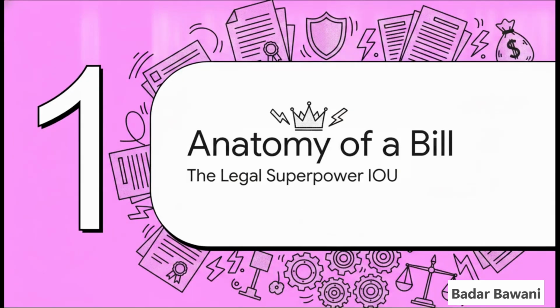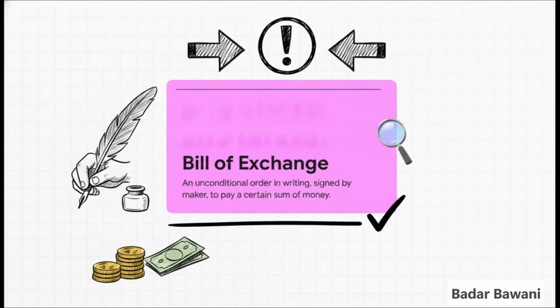All right, starting with Part 1, Anatomy of a Bill, the Legal Superpower IOU. So we need to frame this document not just as a casual piece of paper, but as a highly formal financial instrument equipped with some serious legal superpowers. Under Section 5 of the Negotiable Instruments Act of 1881, a bill of exchange has a very strict legal definition.